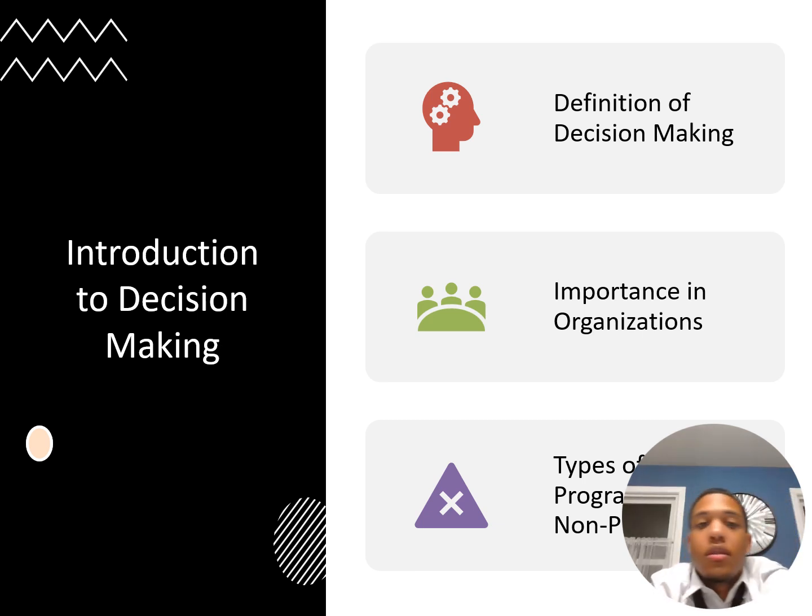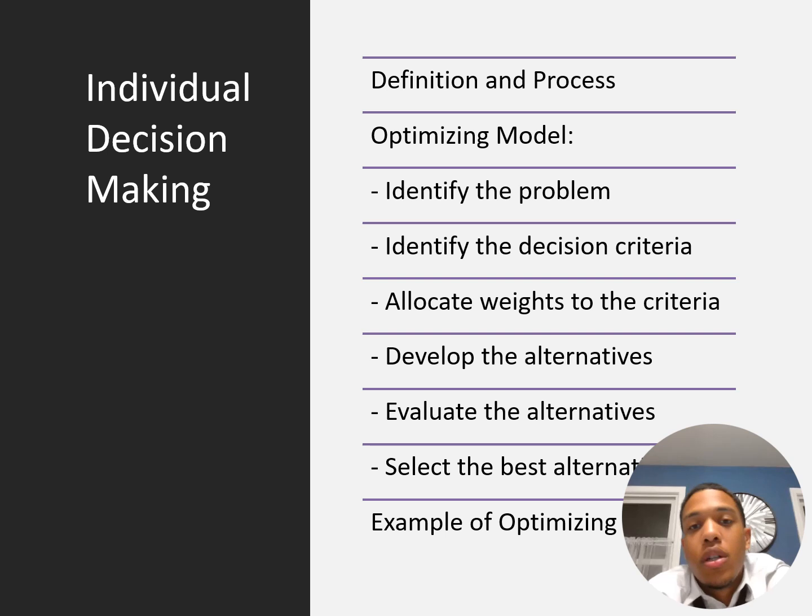Moving on to individual decision making. The optimizing model involves identifying the problem, decision criteria, and evaluating alternatives. It aims for the best possible outcome by considering all available information, and the steps include identifying the problem, establishing criteria, weighing criteria, generating alternatives, evaluating alternatives, and then selecting the best alternative.